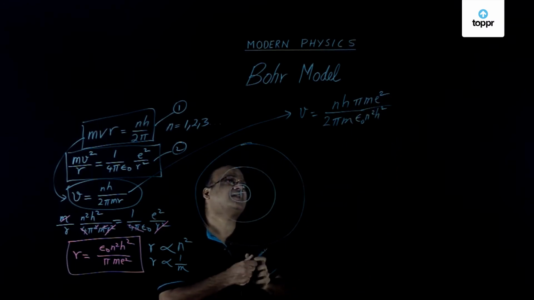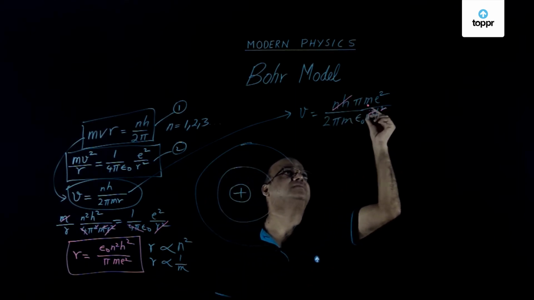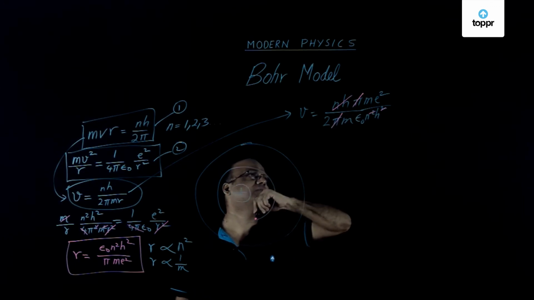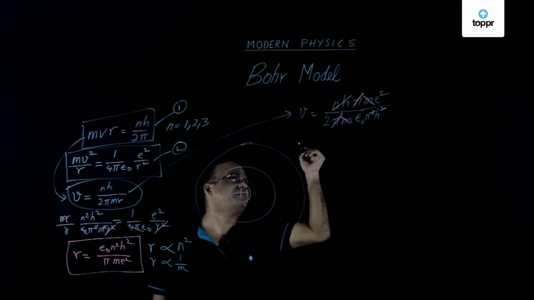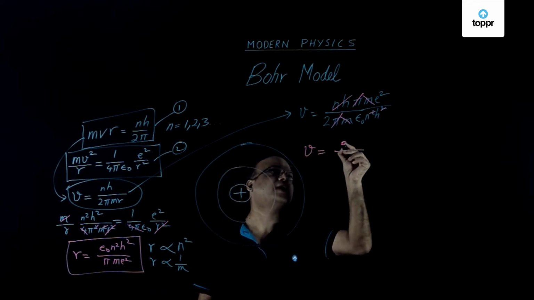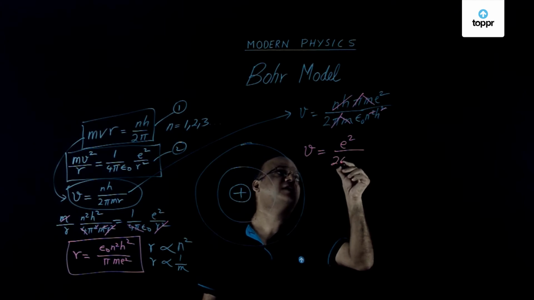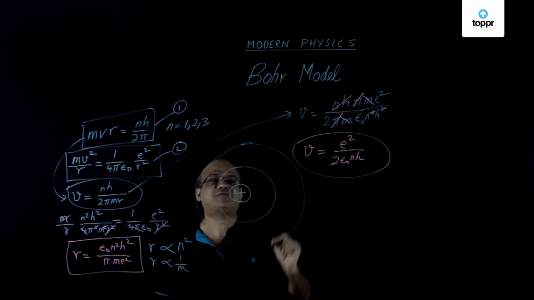Now see what will cancel out. nh cancels out. Pi goes. m gets killed. So what is left? v equals e square by 2 epsilon naught nh. This is the formula for velocity.